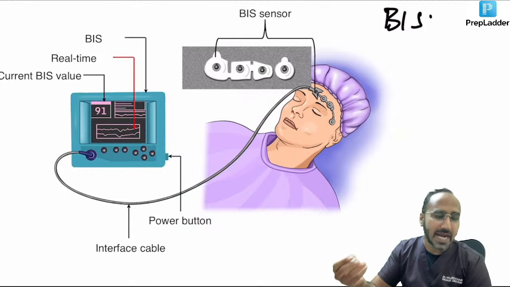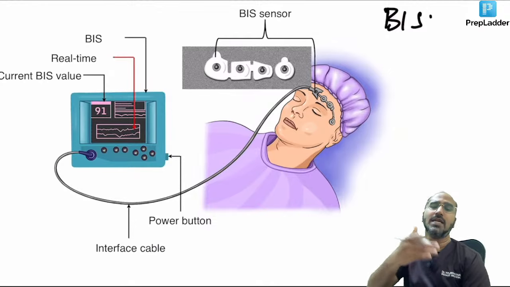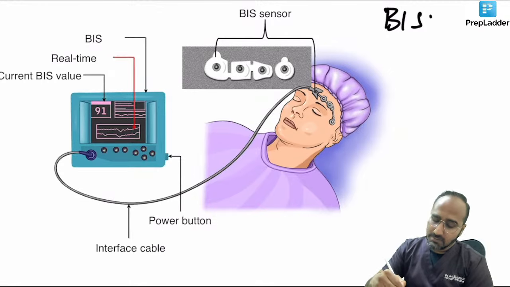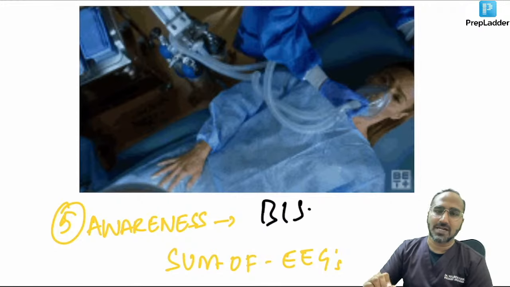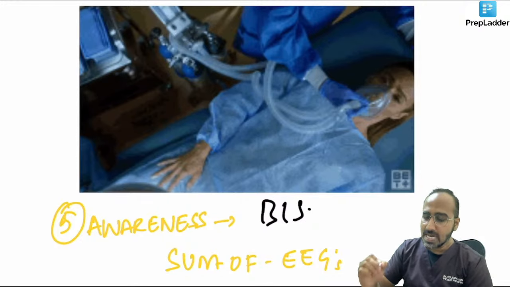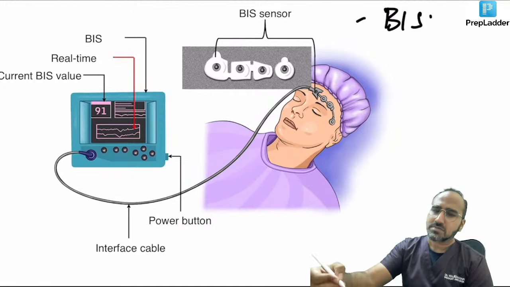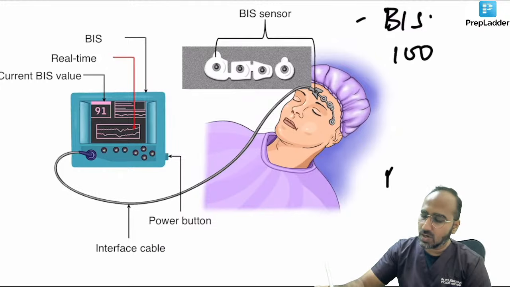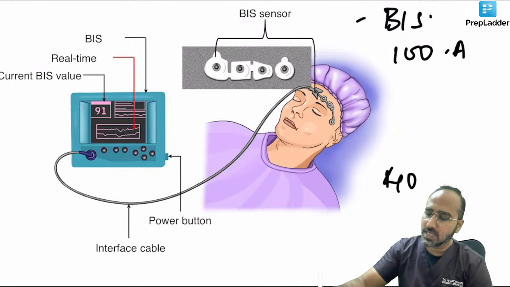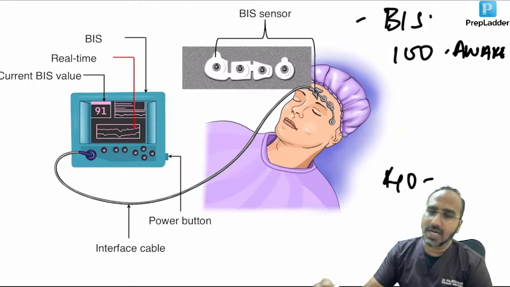BIS is bispectral index, where you keep some electrodes on the frontal occiput and take EEGs. Bispectral index calculates the sum of EEGs. After summing up all the EEGs, you might get values like 100 or 40. 100 means fully awake and 40 means total knocked off.